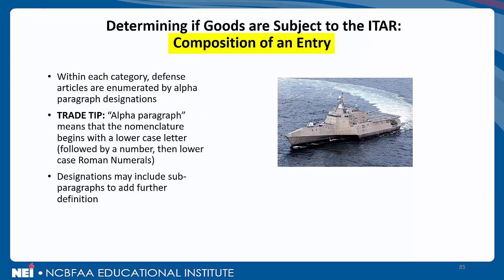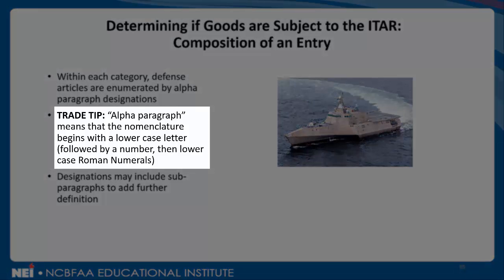Let's talk about a concept known as composition of an entry within the categories of the USML. Well, in our first bullet point, we state that within each category, defense articles are enumerated by this alpha paragraph designation. Let's define it as a trade tip. And we talked about it briefly, but let's hit it a little harder now. Alpha paragraph means that the nomenclature begins with a lowercase letter, A, B, C, however many there are, followed by a number, the number 1, 2, 3, 4.